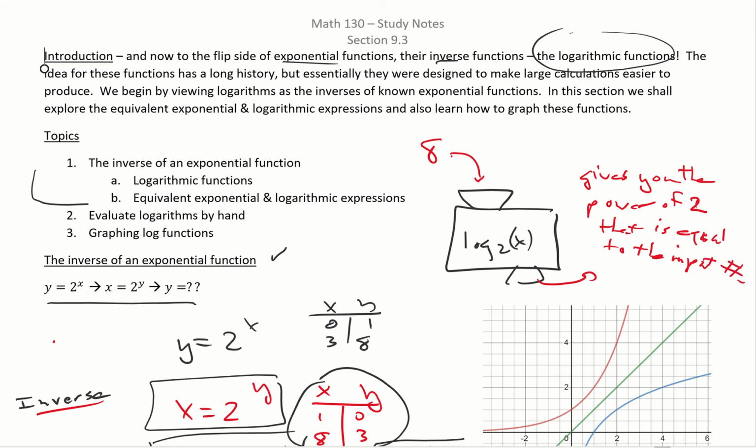So the machine inside goes, 2 to what equals 8? It searches and figures out, oh, the answer is 3, so out pops a 3.